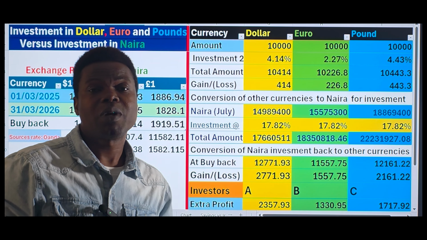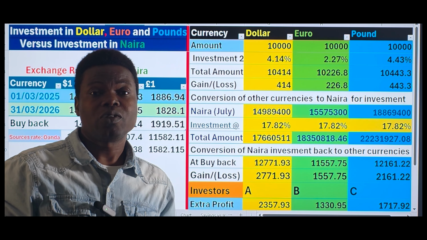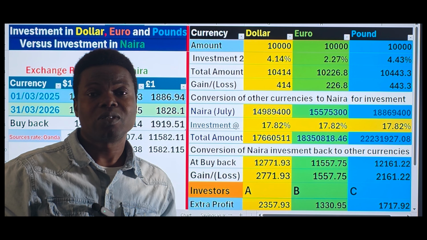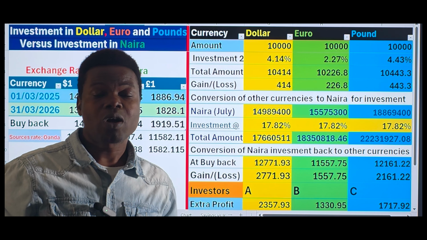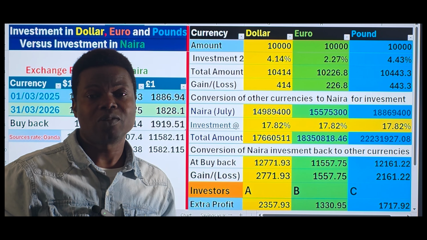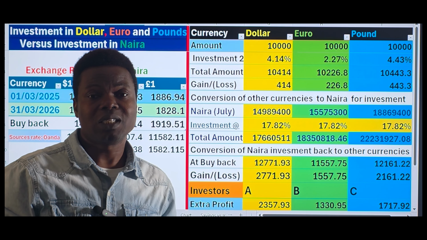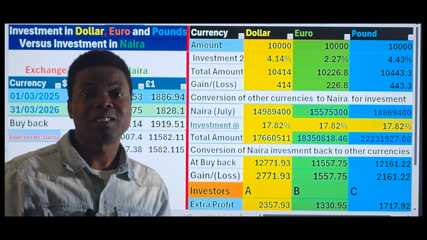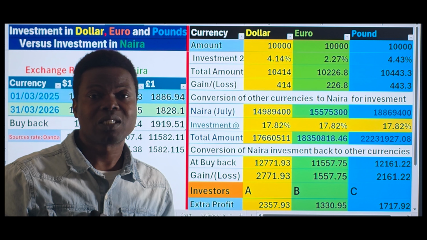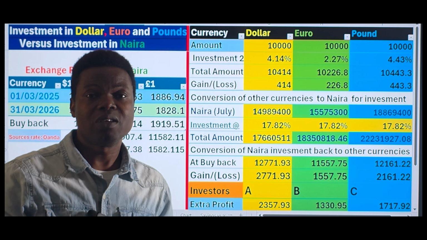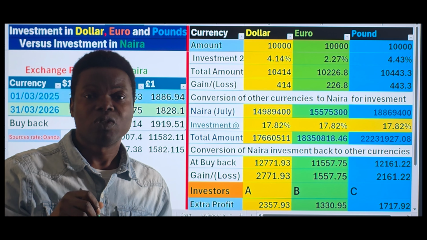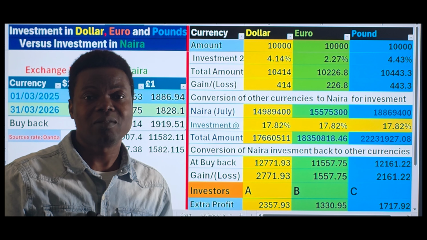The type of investment we are choosing for this analysis is Treasury bill. The reason why we are choosing Treasury bill is that it works the same way across these four countries we are using as examples in this analysis. Another reason is that the interest rate at the beginning of the investment is fixed, and it will remain so till the end of that investment.